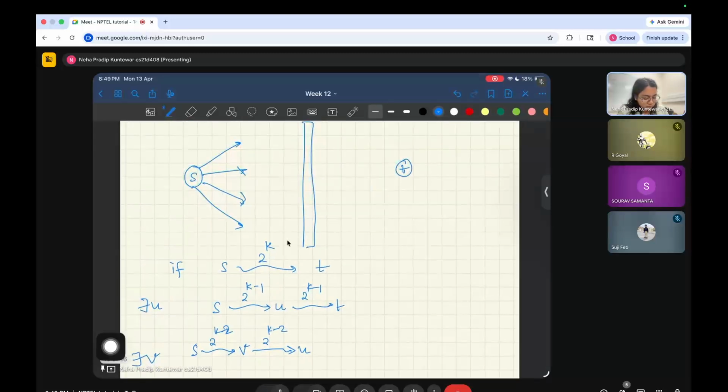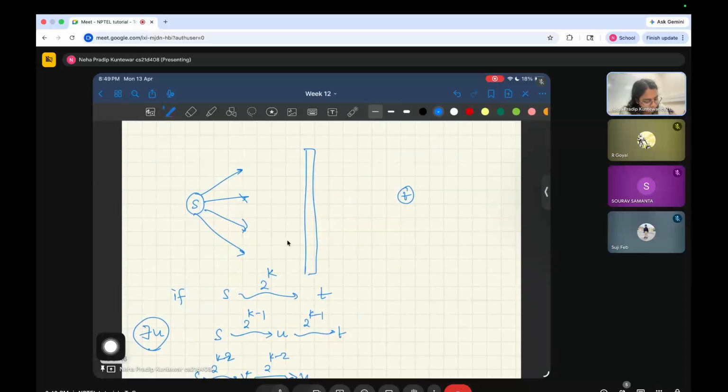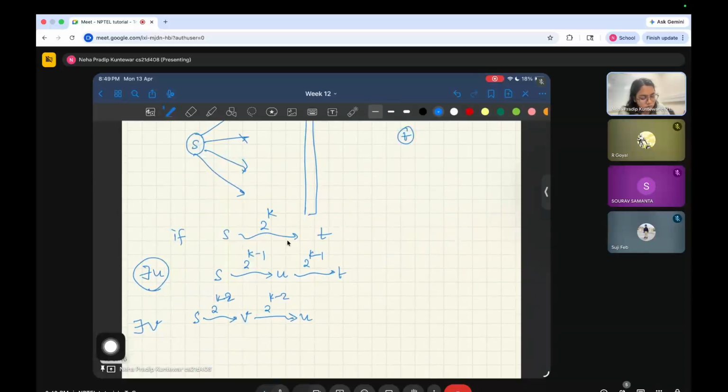So what is the complexity of this algorithm? One thing is that if the length of the path is 2 to the k, then you are halving it each time.